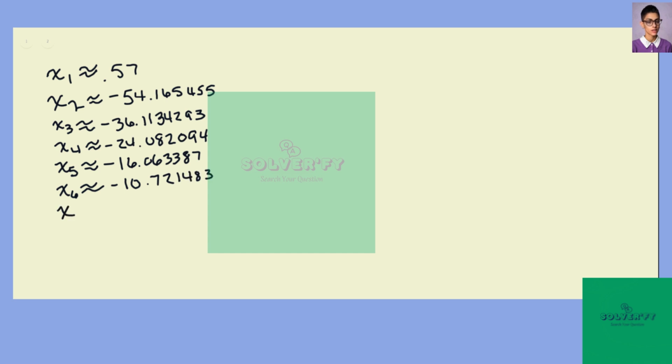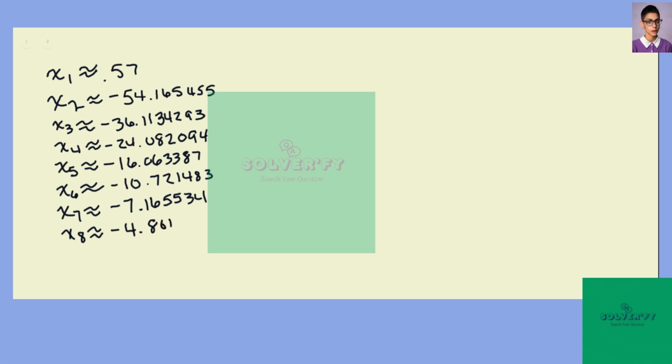X sub 7, negative 7.165534. And again, I'm just putting these values in for my x value. You can do this in Excel or in your graphing calculator.